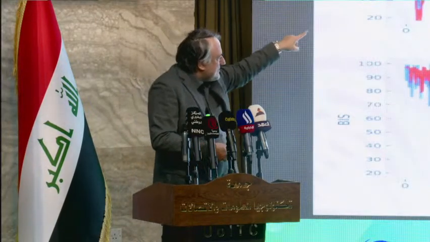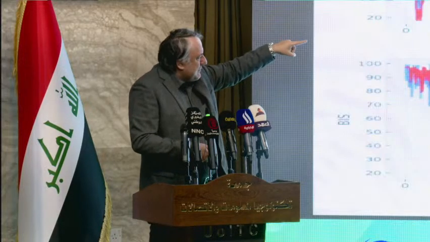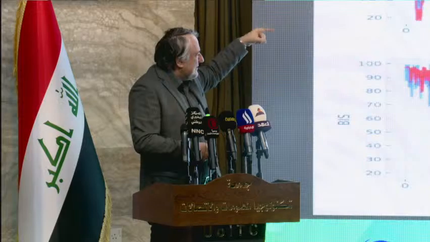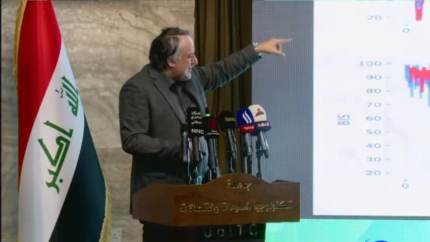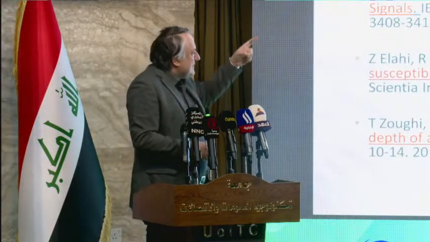These are the index values that the BIS gives us and the curves that our deep networks estimated, and you can see that they follow the patterns completely. You can also see the papers we have published in the area of estimating the depth of anesthesia.